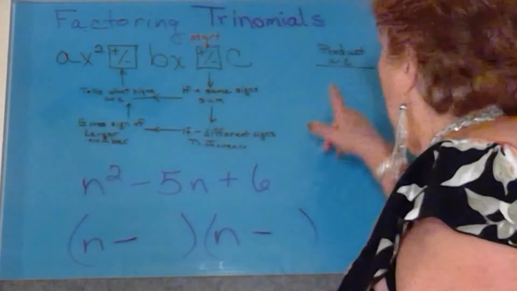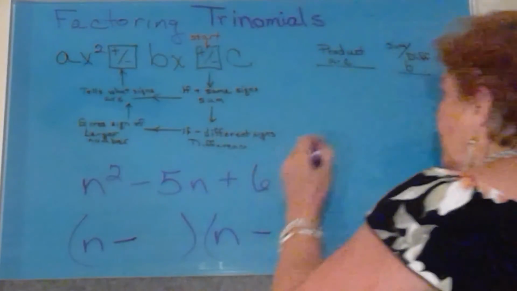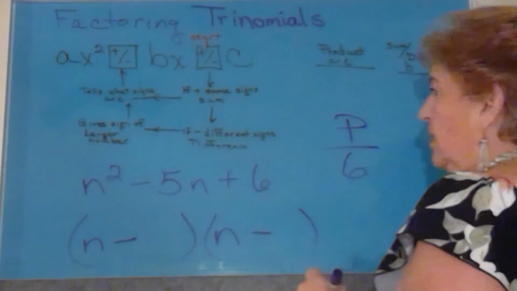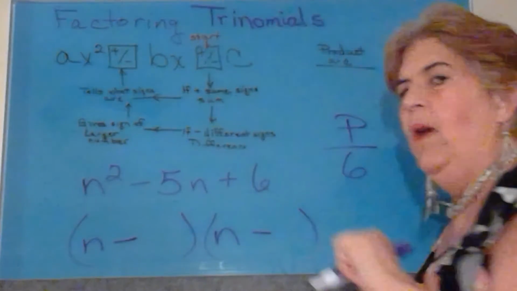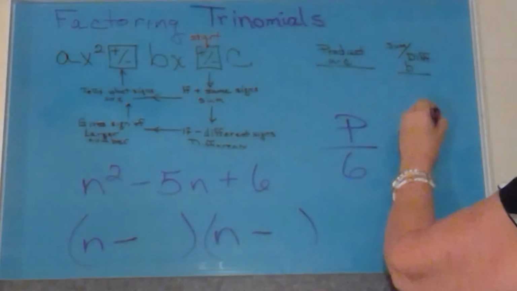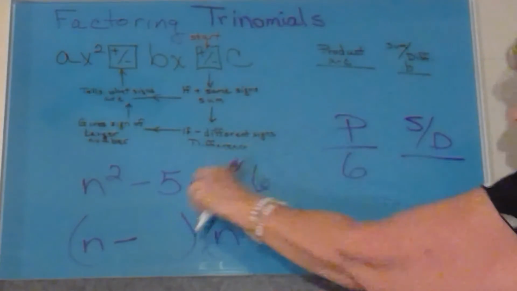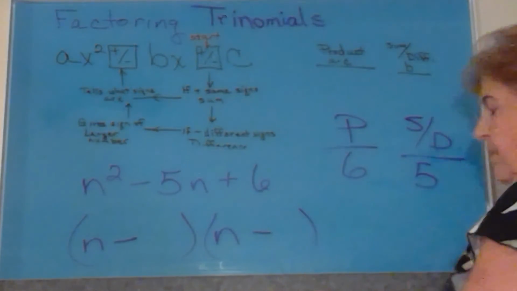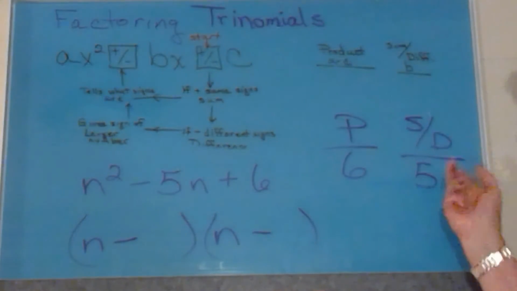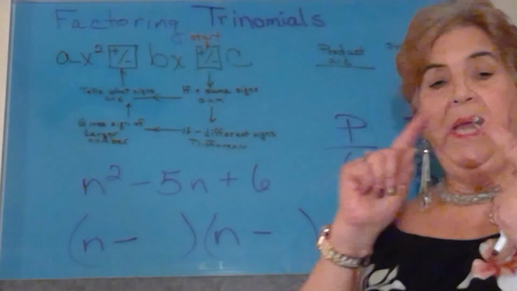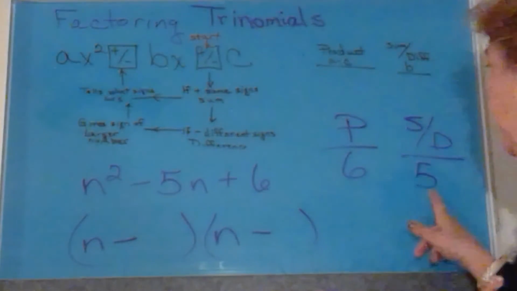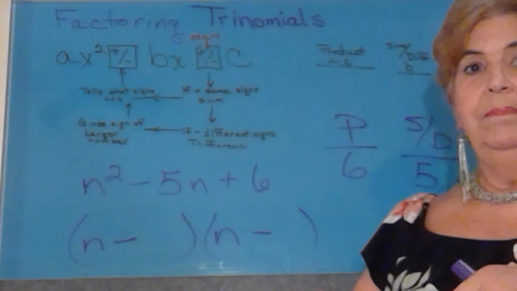So, I need a product of 1 times 6, or a product of 6. Now, at this point, it's important. Do you need a sum or difference of 5? This is very, very important because 6 times 1 is 6, and that gives me a difference of 5.